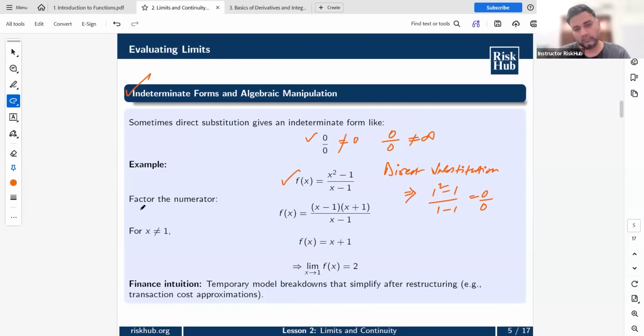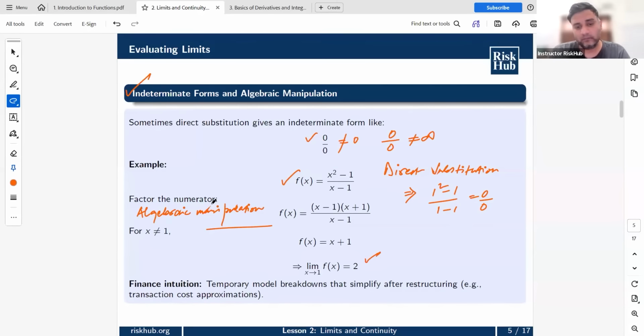With algebraic manipulation, f(x) is equal to (x minus 1)(x plus 1) divided by (x minus 1). So basically we are factorizing x square minus 1, for x not equal to 1. The x minus 1 gets cancelled, and the limit as x tends to 1 of f(x) is equal to 2.